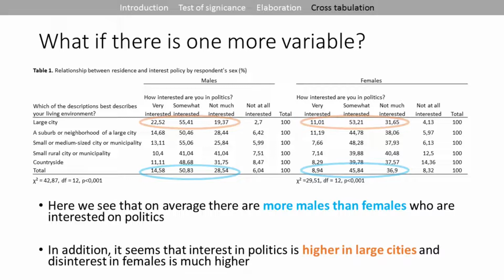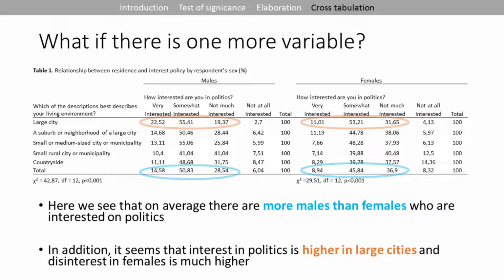So here is the cleaned up version. The male data is on the left side and the right side has the females. And right away, when we watch the blue circles, which are the points of interest here, we see that there are more males than females who are interested in politics.